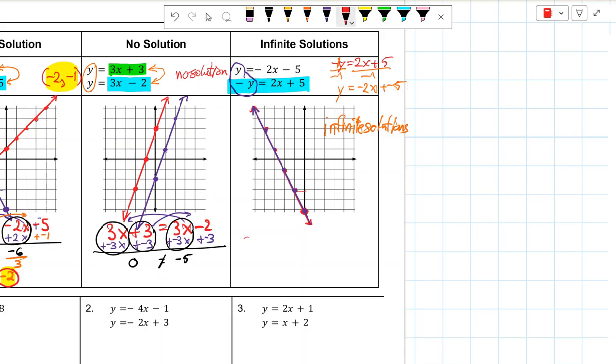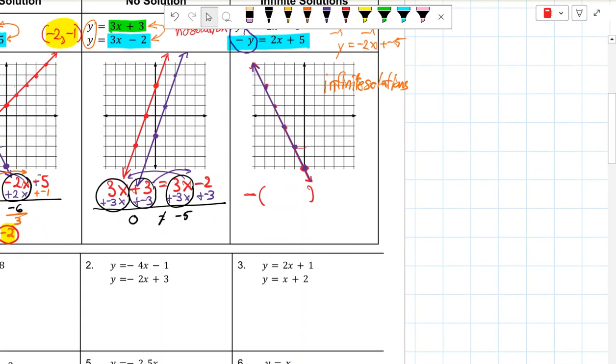We're going to do y, a big long parentheses, is equal to 2x plus 5. Now where did I get this one from? I got it from up above. It's this, equals 2x plus 5. And I added a parentheses where the y was.